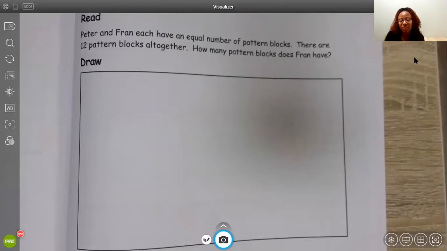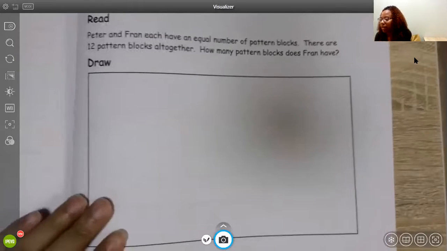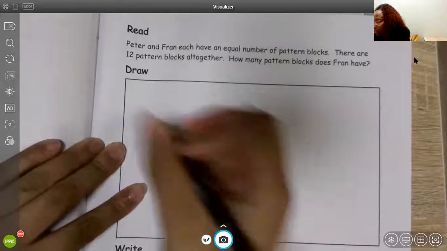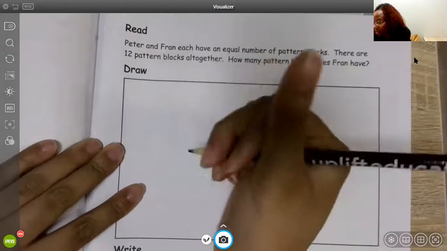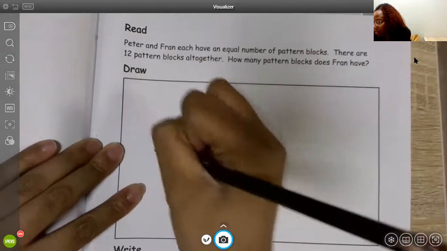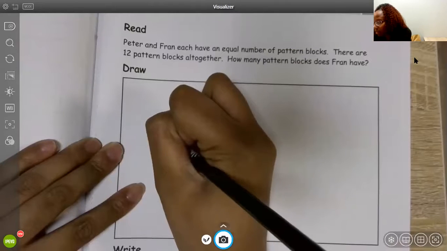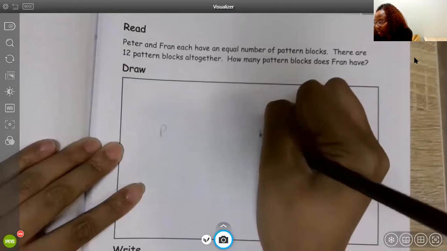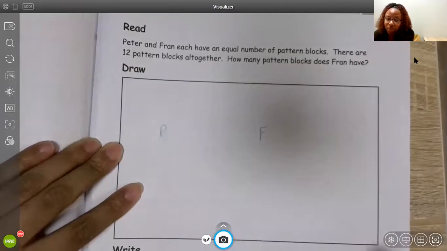All right, so let's go ahead and solve it together. So I know that my labels will be Peter and Fran because those are the two people that have pattern blocks. Instead of writing the whole name out, I'm just going to write Peter and Fran. And I actually want to do a tape diagram.